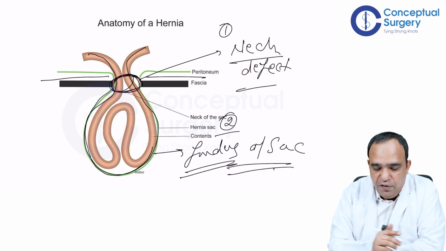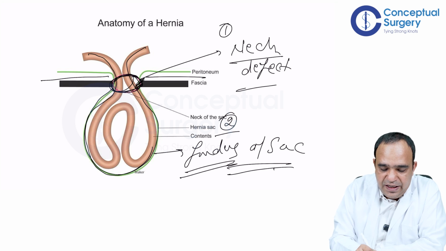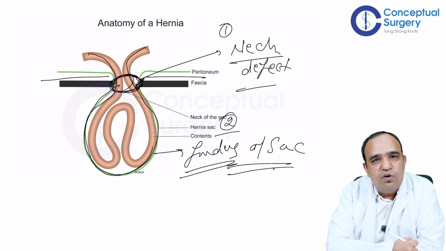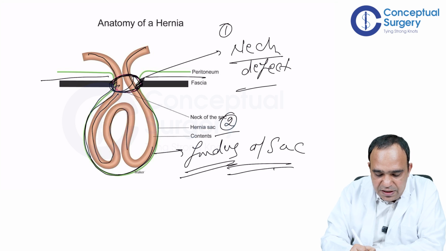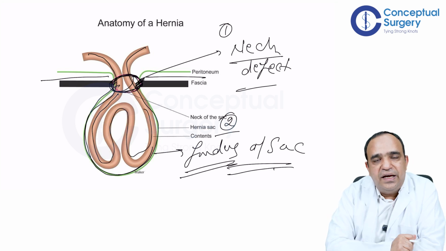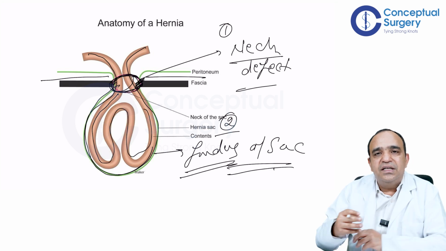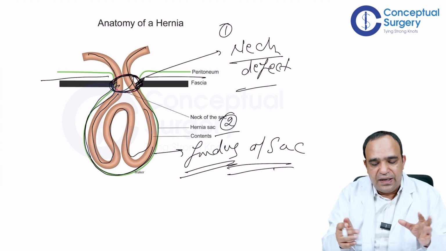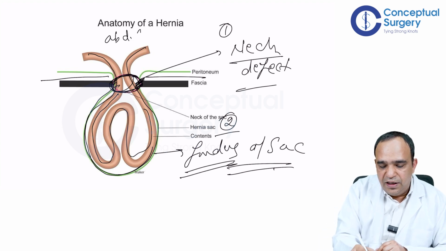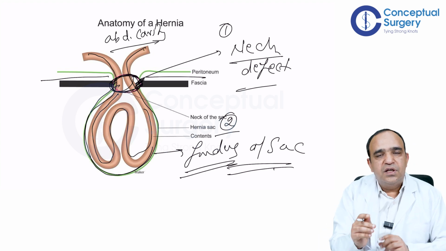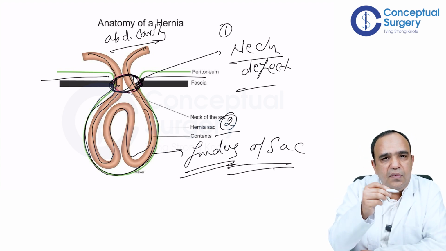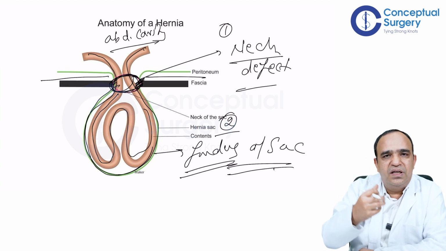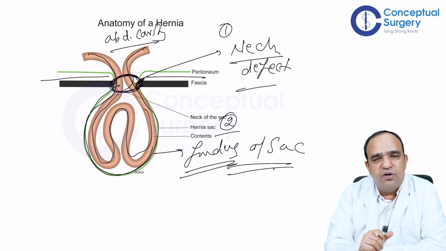Now if you open the neck, because it's a narrow ring holding the contents of the sac, what will happen if you cut it? The contents will immediately slip back into the abdominal cavity. Suppose an example, inguinal hernia: the bowel is outside and strangulated.